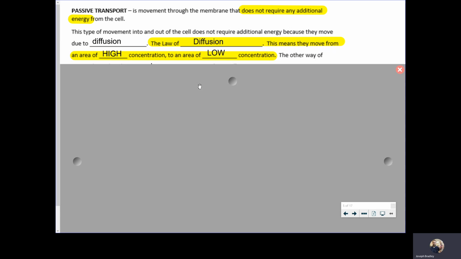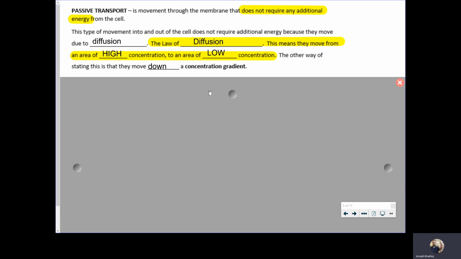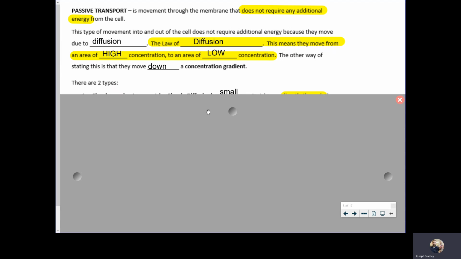The easiest way to think of the law of diffusion is if I spray cologne, like Axe body spray, in one corner of the room, eventually those smell molecules will dissipate throughout the room until everyone can smell it, and then eventually they'll dissipate even further till you really don't smell them anymore. The other way to talk about the law of diffusion is to say that materials are moving down a concentration gradient.